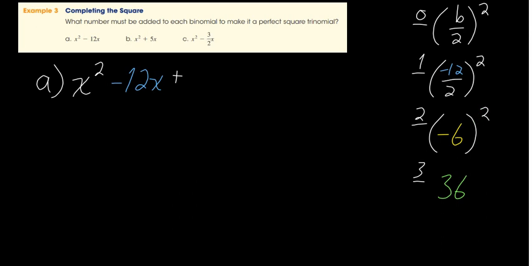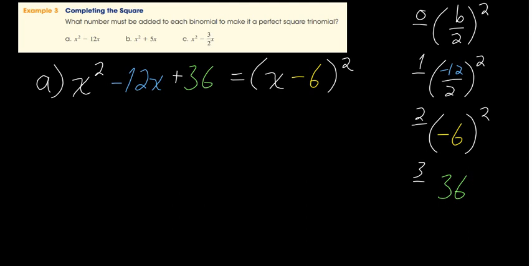So plus 36. Now it is a perfect square trinomial because this factors into x, and again, pay attention to the color coordination here, minus 6 quantity squared. Now here's the thing.